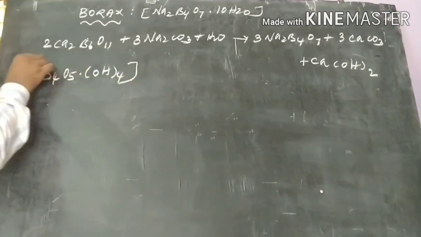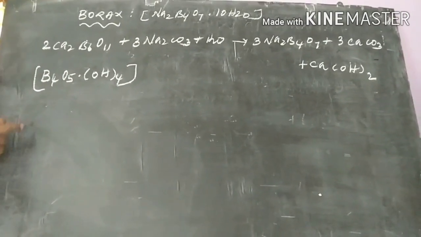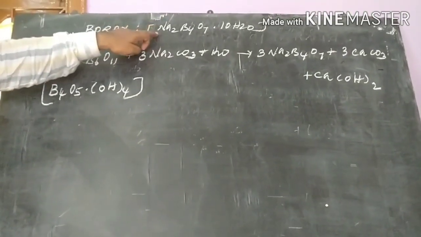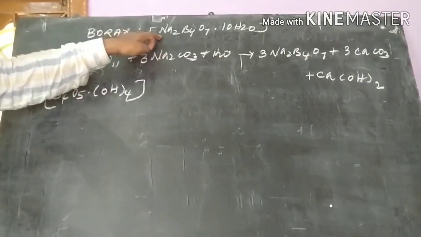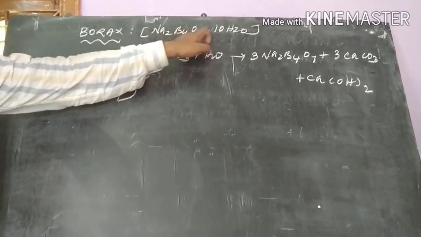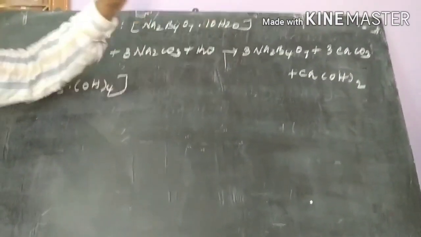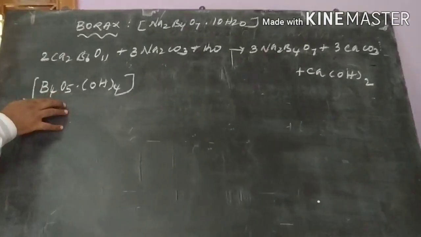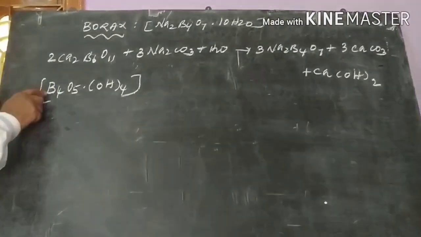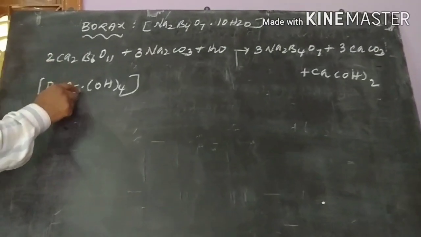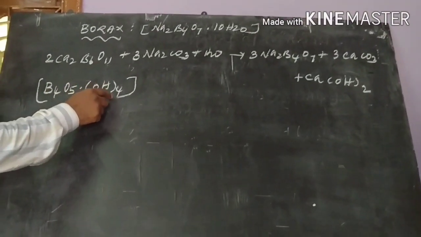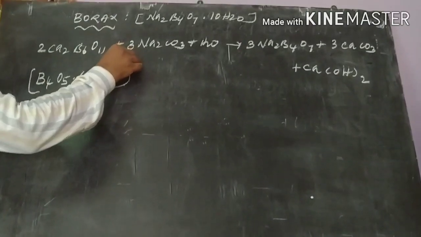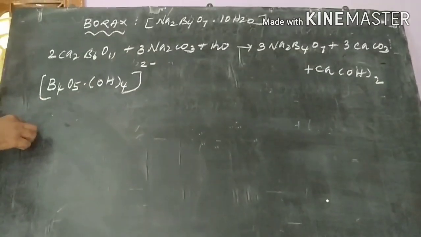B4O5(OH)4. But normally borax is formulated as Na2B4O7.10H2O, but it contains tetranuclear units: [B4O5(OH)4] 2-, that is the charge.